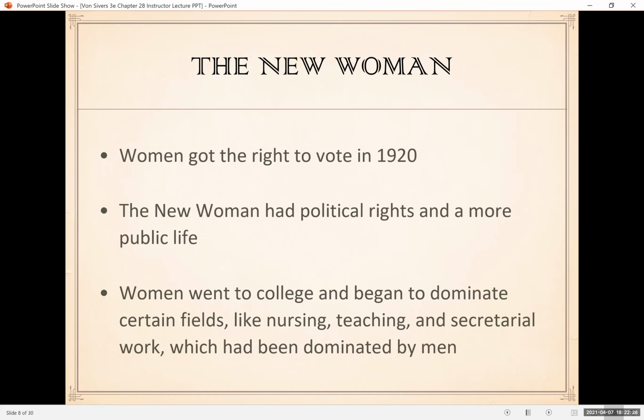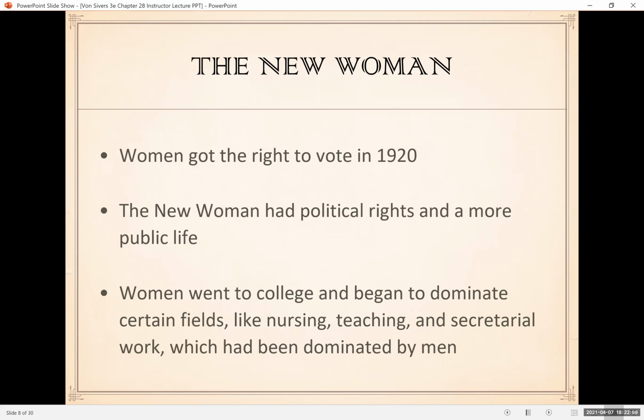And men moved out of those jobs and into other jobs. Even up until the 1950s, women were moved into those kinds of jobs and dissuaded from getting more professional jobs. That's all going to change in the 1960s.